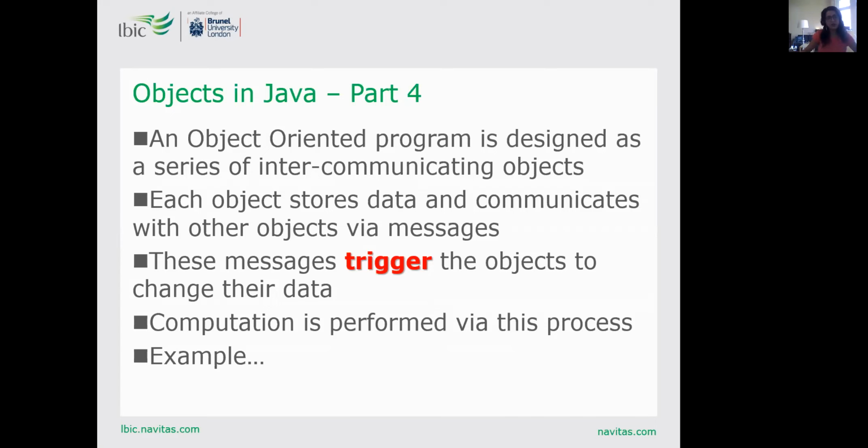Sometimes you're going to use a trigger, actually messages, that trigger the object to change its data. We're going to talk about this later on and look at the functionality of that. And sometimes we need to compute something, like the area, in the class by defining different methods.